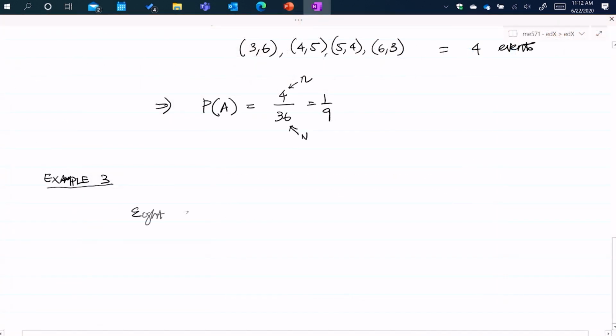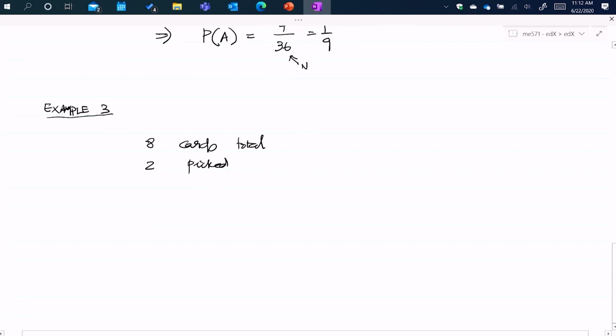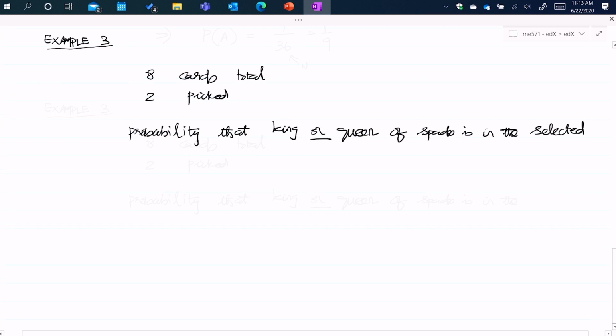So the key word here is "or": king or queen of spades is in the selected.